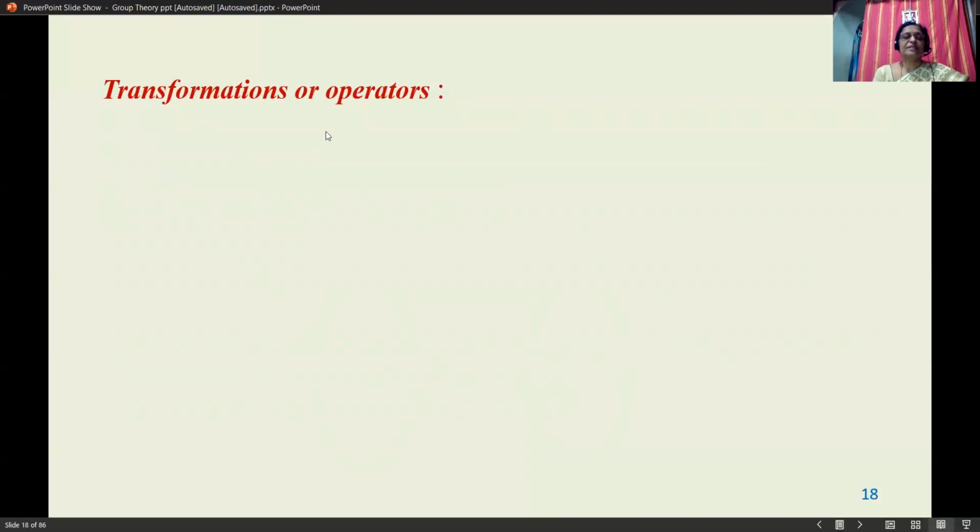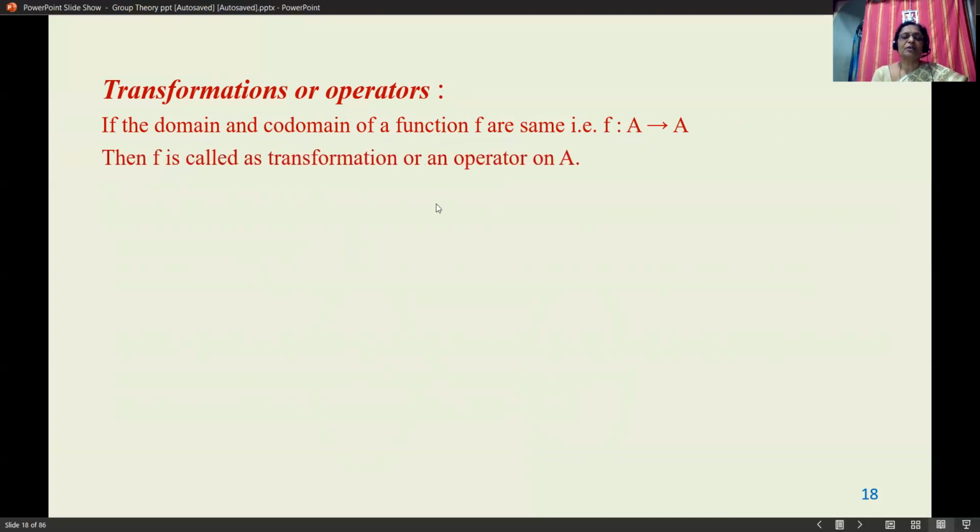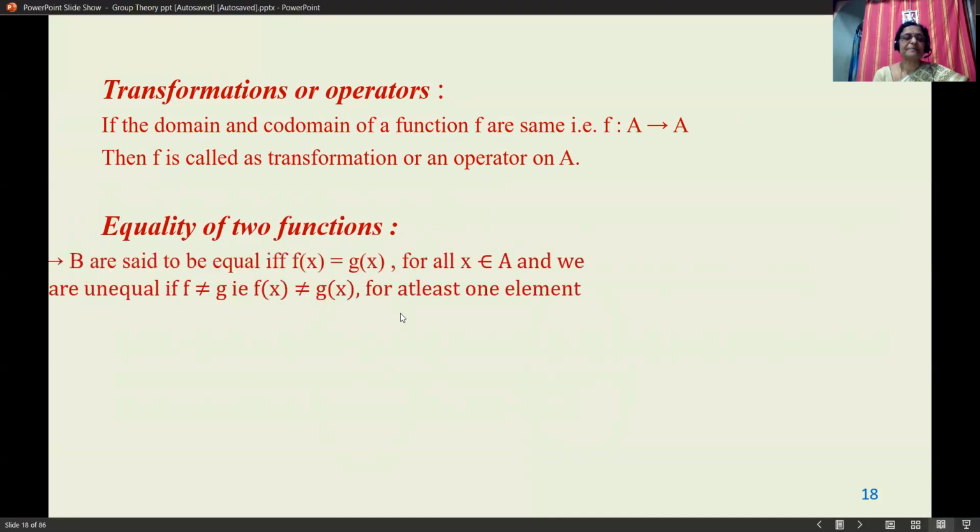Transformations or operators. If the domain and codomain of a function F are the same, that is, if F is from A to A itself, then F is called a transformation or operator on A. Equality of two functions.